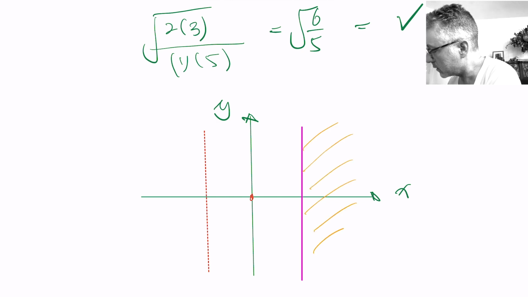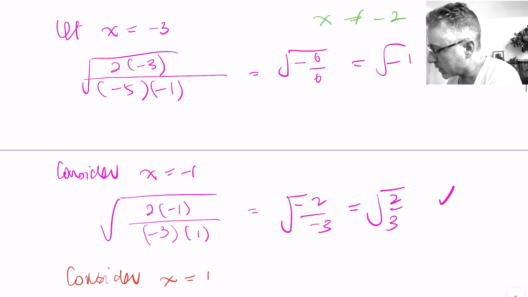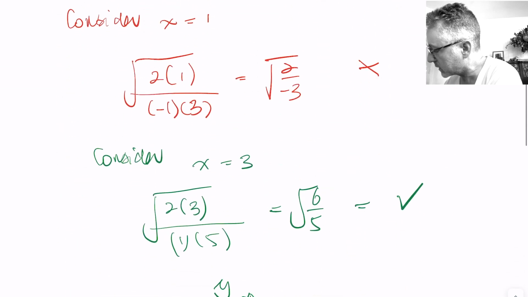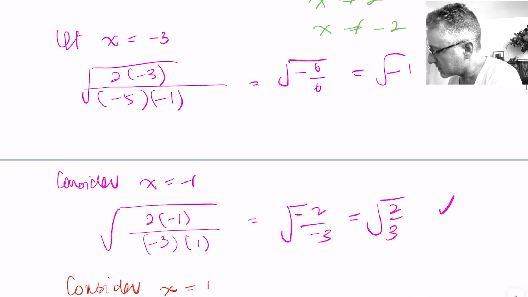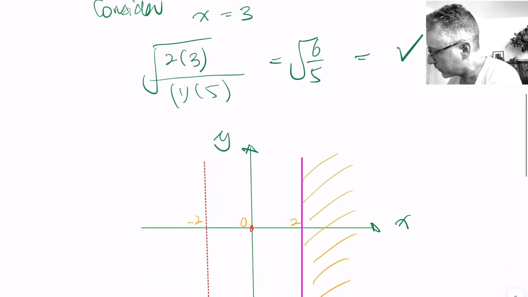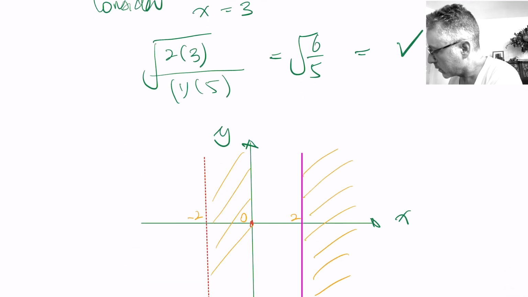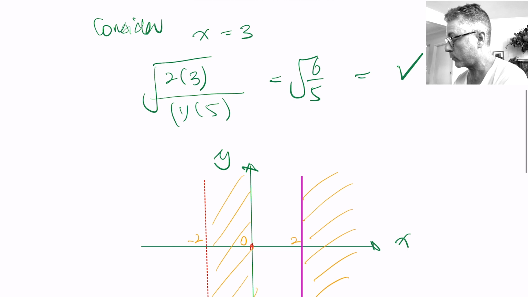That's okay. What else do we have? x is negative 3 is absolutely not okay. Let's mark this as positive 2, that's 0, negative 2. x is negative 1 is acceptable. So it looks like there are acceptable regions.